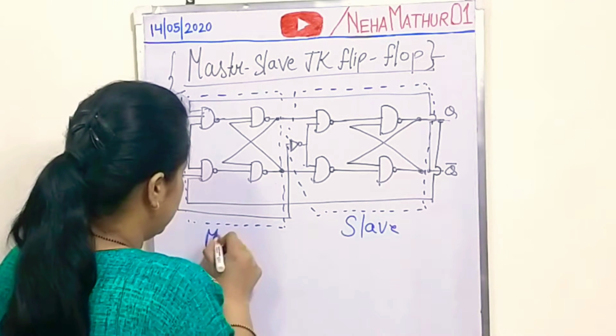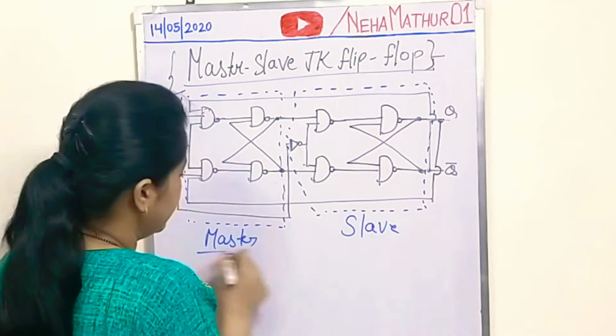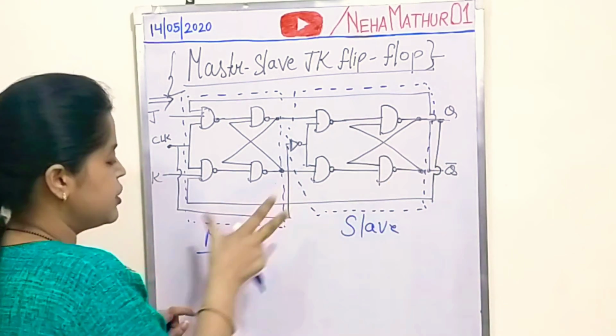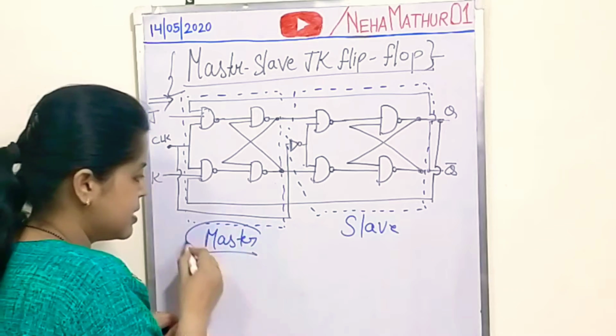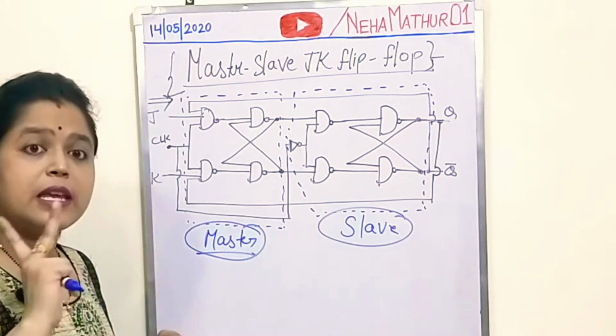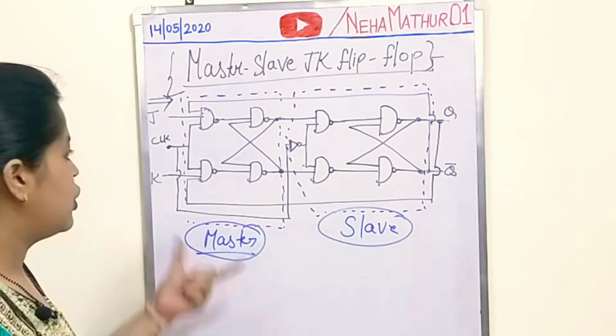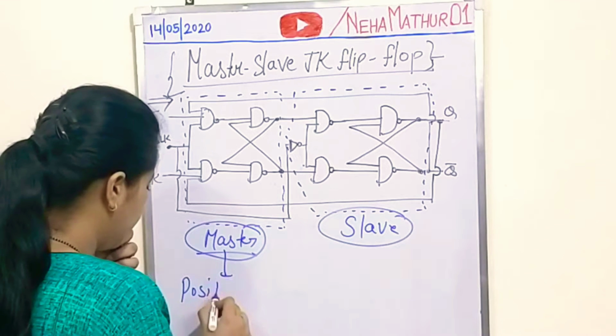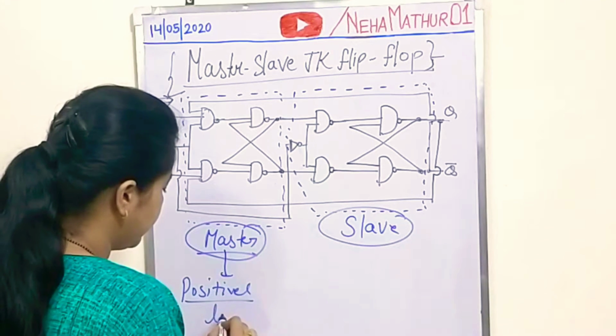So the whole circuit is a combination of JK and SR. Here the JK flip-flop is your master circuit, while the SR flip-flop is your slave circuit. Now the second thing is, your master circuit is operating with positive level triggering.